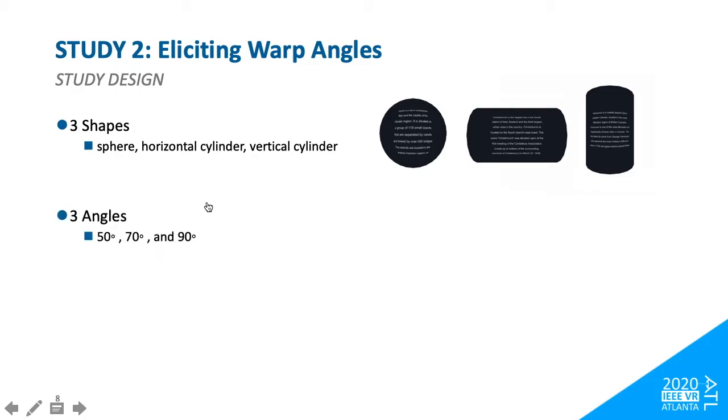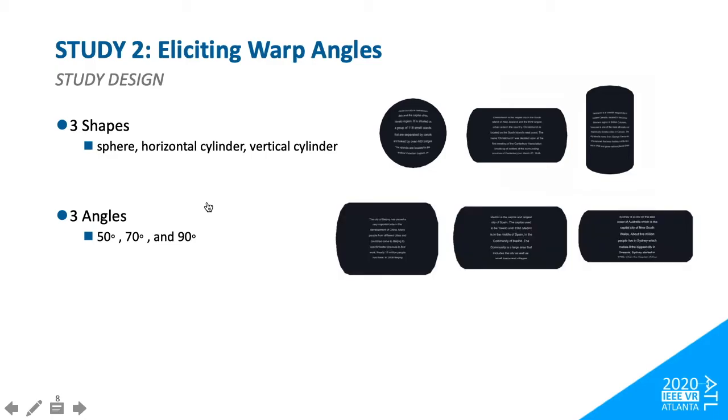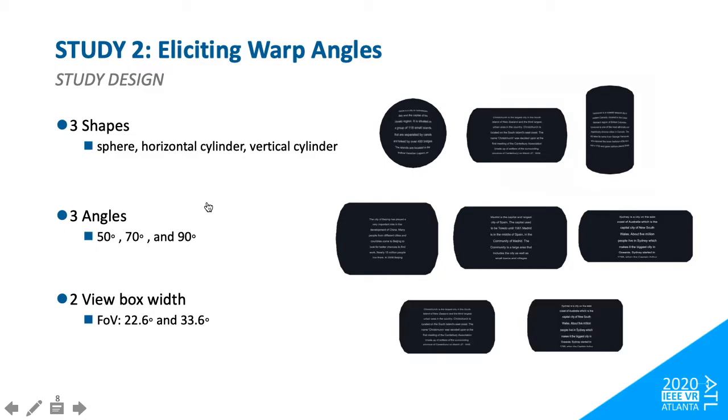And secondly, the angles. Because in study 1, the plane showed better performance in some subjective measures, we want to explore whether the warp angle would affect the reading experience as well. So we decided to make the angles a variable too. Then the width of the viewing box.